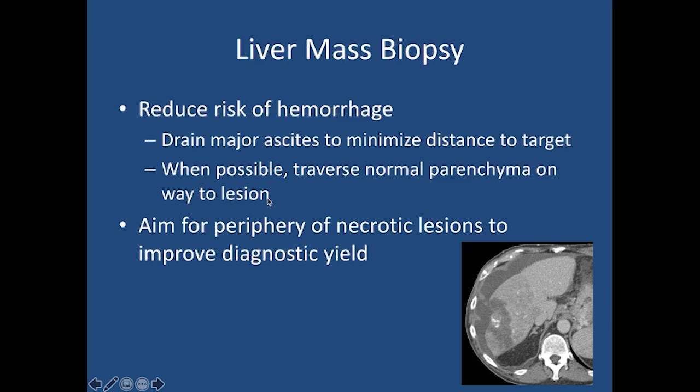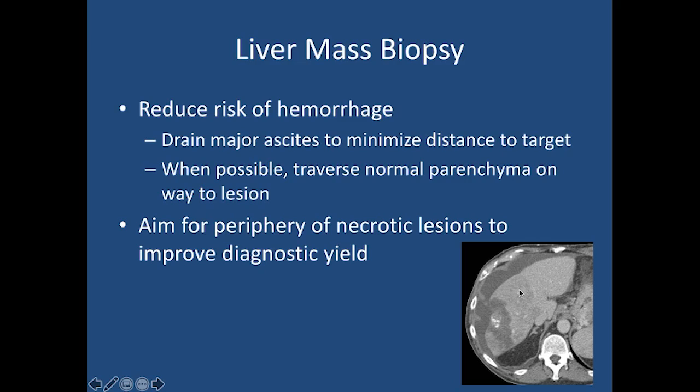What we want to consider doing is aspirating the fluid around the liver in order to reduce the distance to the target, and in addition to help reduce the risk of bleeding. There is some belief among operators that the ascites might increase the risk of hemorrhage after liver biopsy, possibly due to the lack of apposition of the capsule or liver surface to the abdominal wall.